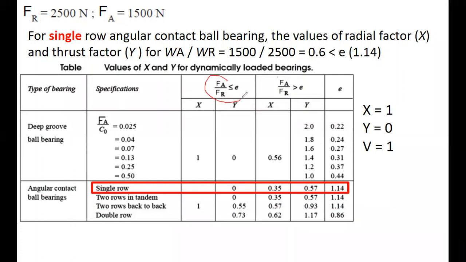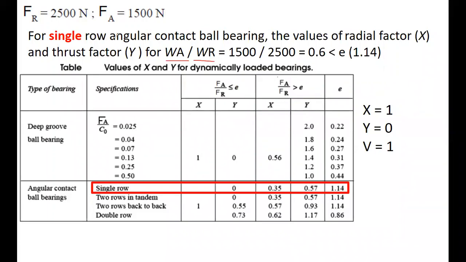So you first have to calculate FA upon FR. Then you will come to know whether its value is greater than E or less than E. You can see our E value here, sorry, not the last one, 1.14. Since we are seeing this table, our E value is 1.14. So we have to check whether FA upon FR is greater than E or less than E. In some books, FA and FR are written as WA and WR.